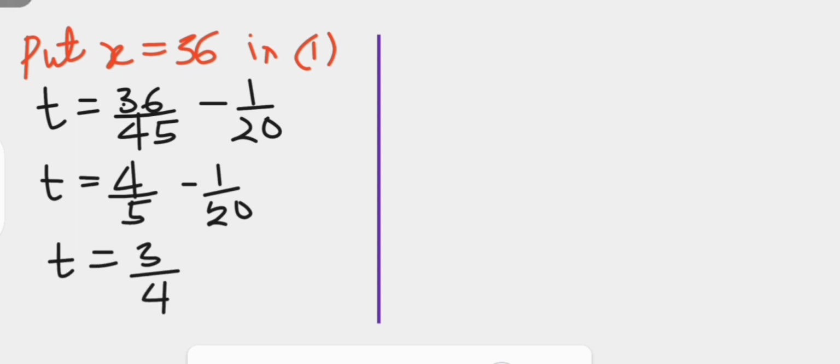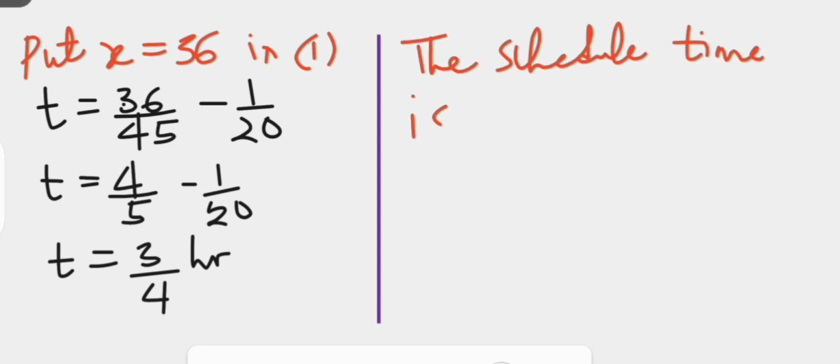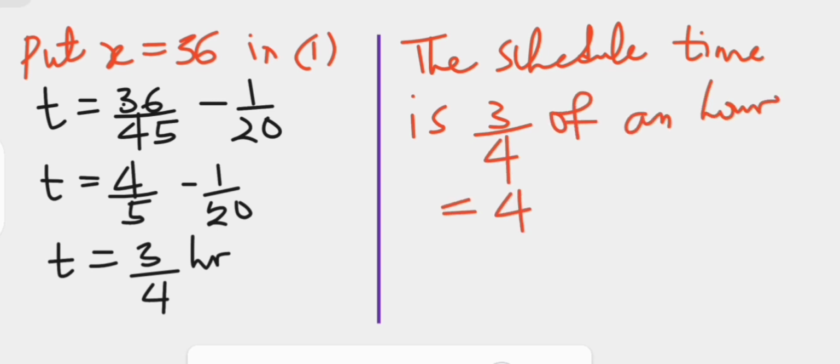So the scheduled time is 3 over 4 of an hour. And if we are going to follow the time given to us in the question, which is in minutes, we can change this to minutes. This means that the scheduled time is 3 over 4 of an hour, and that is simply 45 minutes.